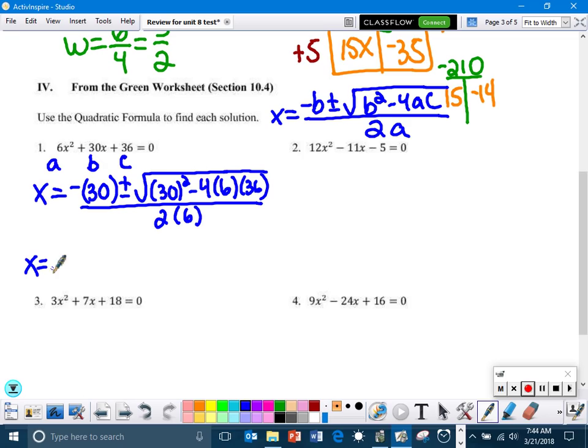Now, when you type this into the calculator, I'm going to do it for number 1 only. After number 1, I'm just going to go right to the answers. Remember, we type in only what's inside the square root. Remember, that's called the discriminant. Okay, so we're going to type that into the calculator.